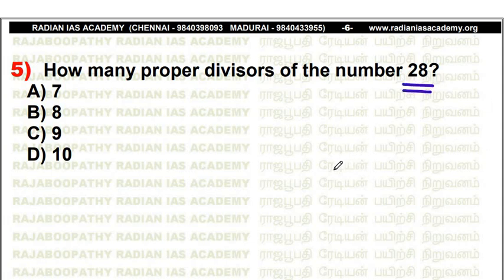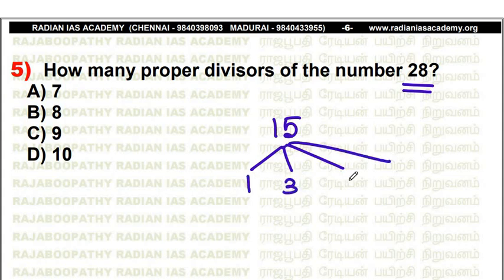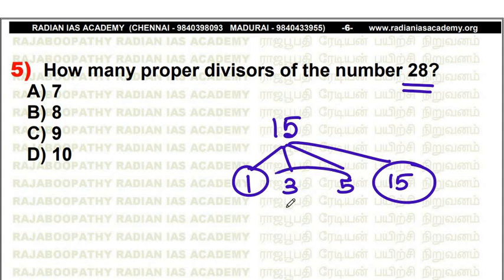How many proper divisors for the number 28? I already explained what you mean by proper divisor. The number 1 and the number itself are improper divisors. For example, 15. What are the divisors of 15? 1, 3, 5, 15. 1 and 15 are known as improper divisors. 3 and 5 are called proper divisors.